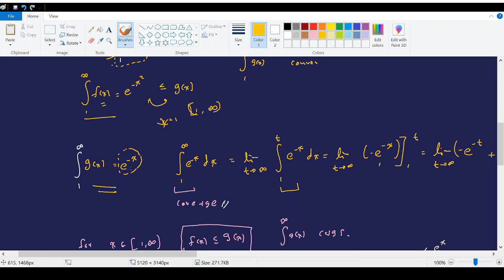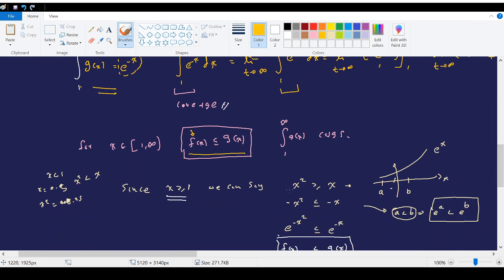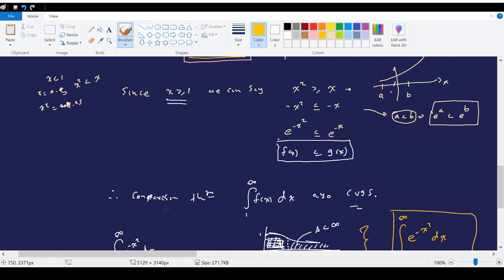Keep in mind that we are evaluating it within 1 and infinity, and for this integral, we saw that it converges. And for this same range, 1 to infinity, we saw that there is a relationship between the two functions, where this is the original function. And since the larger one converges, we can say from the comparison test or comparison theorem, both are the same, that the original function from 1 to infinity converges.